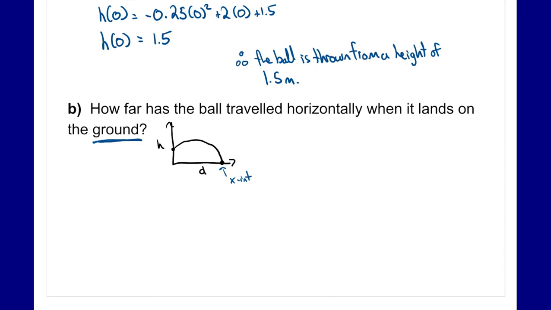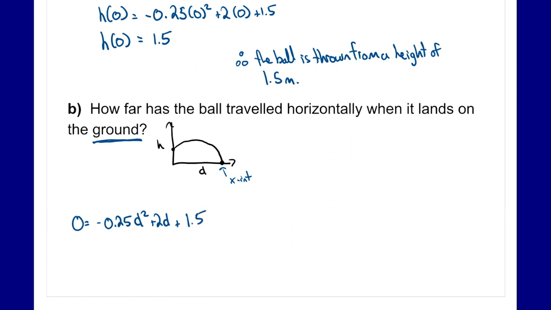This is where the quadratic formula will come into play. So here we have our equation, where we can set it equal to 0. 0 equals negative 0.25d squared plus 2d plus 1.5.